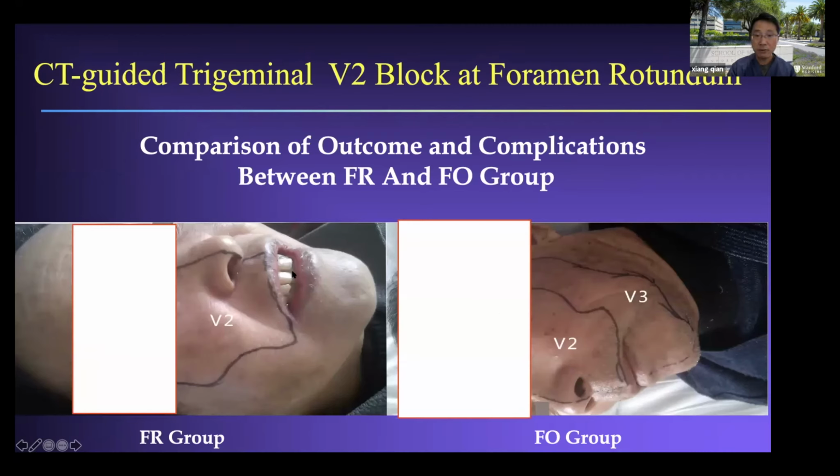Both of them have V2 trigeminal neuralgia. We ablated. For this patient, postoperatively, the numbness is only in the V2 area. But unfortunately for this patient, even though we were targeting the V2 branch, after the ablation, he reported numbness in the V3 area as well.